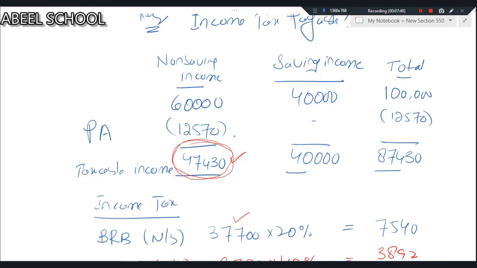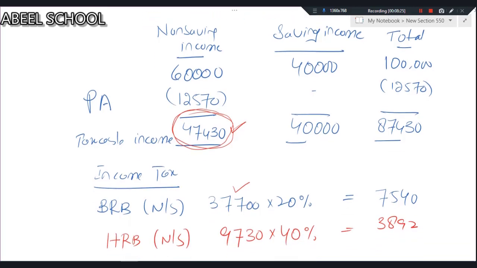Repeat: if non-saving income after deducting the personal allowance is 5,000 or more, it means the starting rate band is already used. There is no starting rate band for the saving income now. So in this question, there is no starting rate band. Now another issue arises.